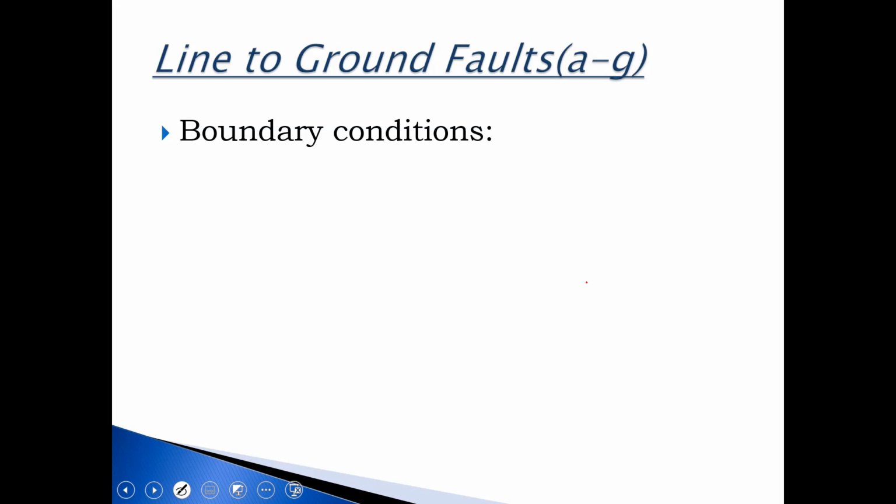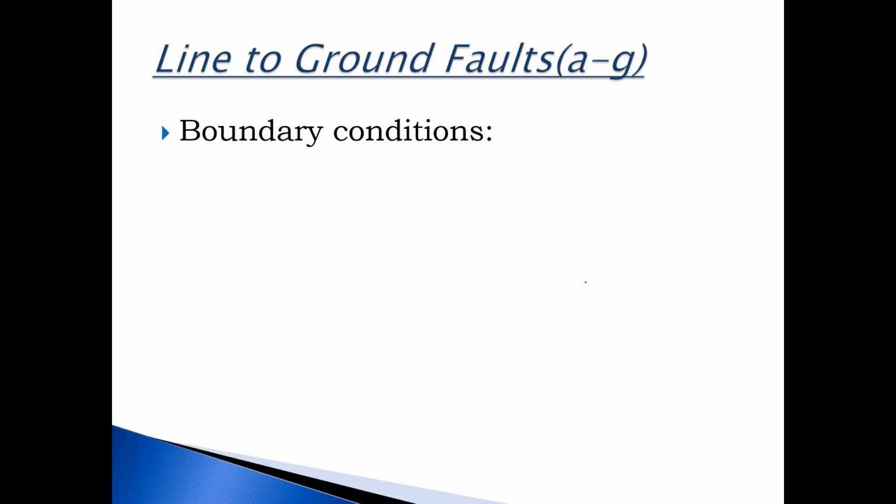Yes? So we have a phase to ground, or what we have before us, a line to ground. So you can have one of the lines, one of the phases, coming in contact with ground. It doesn't necessarily have to be that the line itself has somehow detached and falls to ground. That's not necessarily how that fault is created.